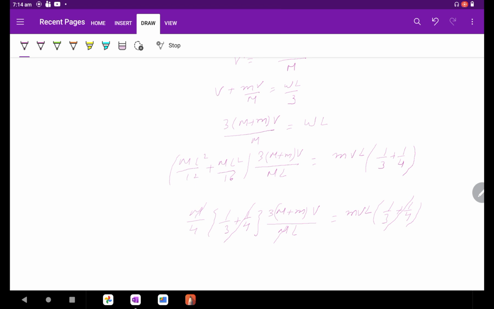So this L got cancelled, and this v is also gone. So we are left with thrice of capital M plus small m is equal to 4 times small m, which gets us small m equal to 3 times capital M, which is 72, as capital M is 24.